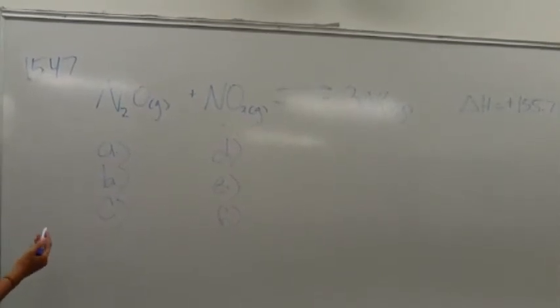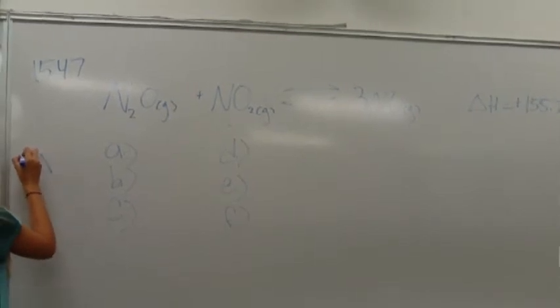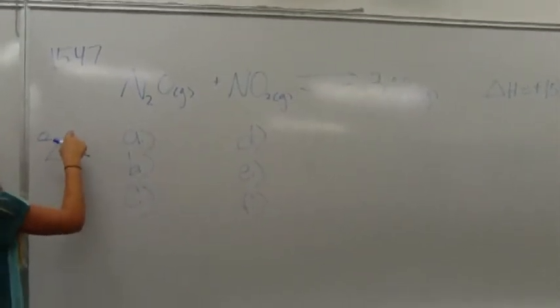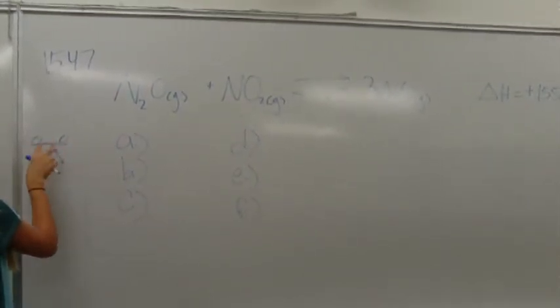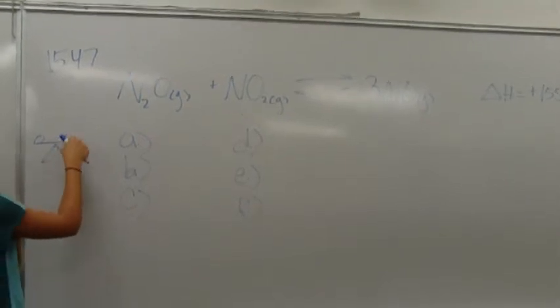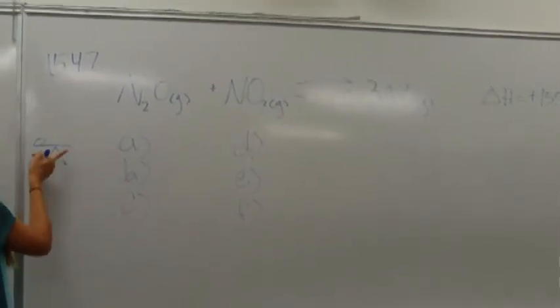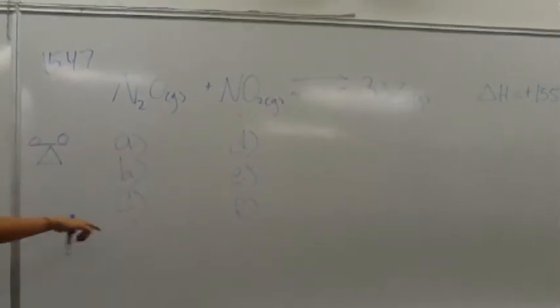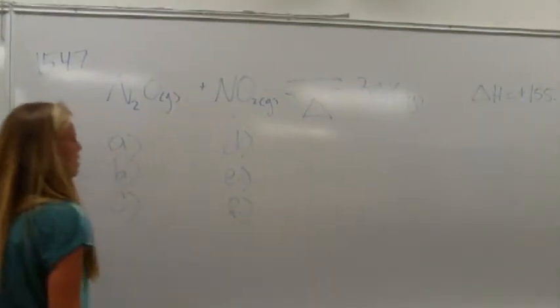So the way I like to think about it is like a teeter-totter, or like a balance, with something on both sides, right? If you add something to this side, it's going to tip down like that. You're going to have to add something to that side to make it go back to level. If it gets heavy over here, you gotta add more over there. And if you take something away here, it's gonna pop up. I like thinking of the equation like a teeter-totter, where the little fulcrum is right underneath the arrows.